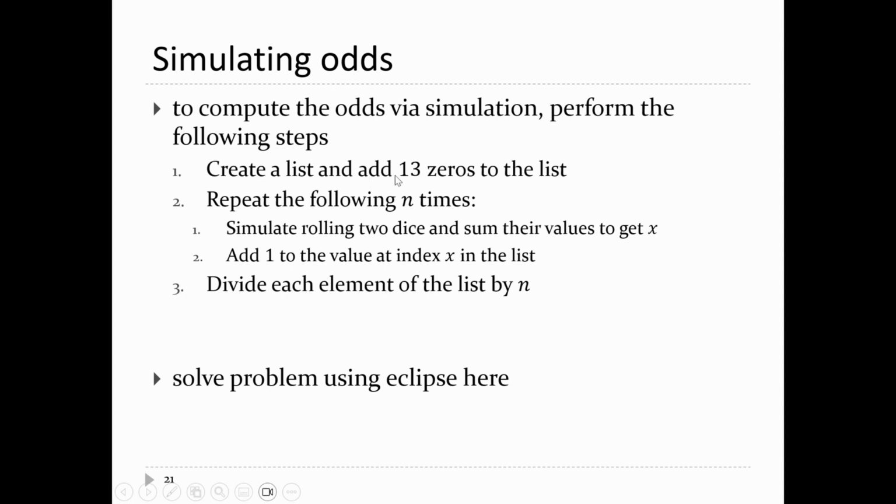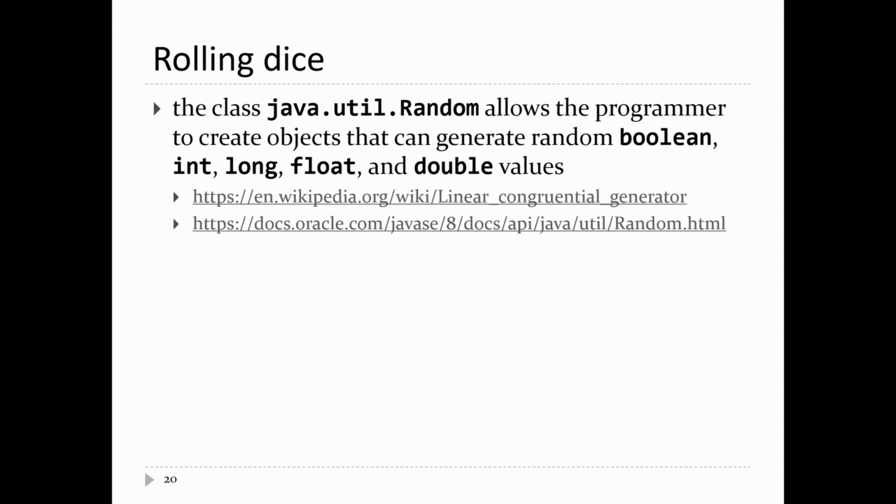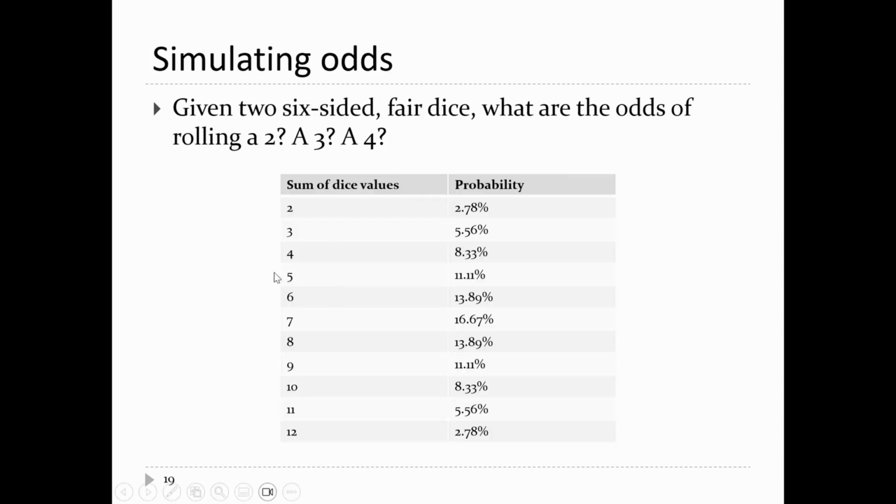So I'm going to make a list and add 13 zeros to it. Then I'm going to simulate rolling a pair of dice n times. Roll 2 dice and sum their values to get x, the value I just rolled. Suppose I rolled a 5.